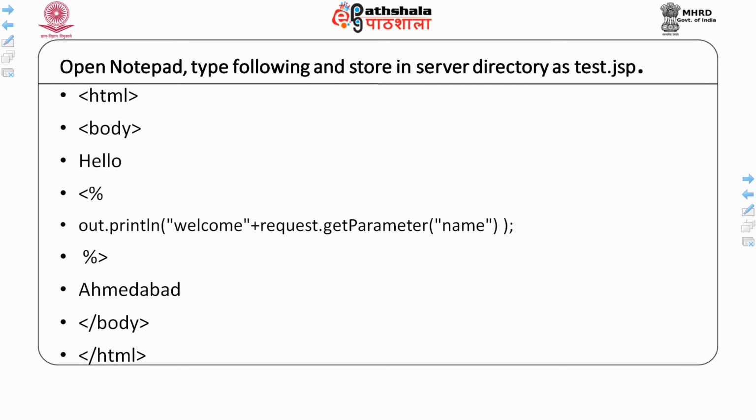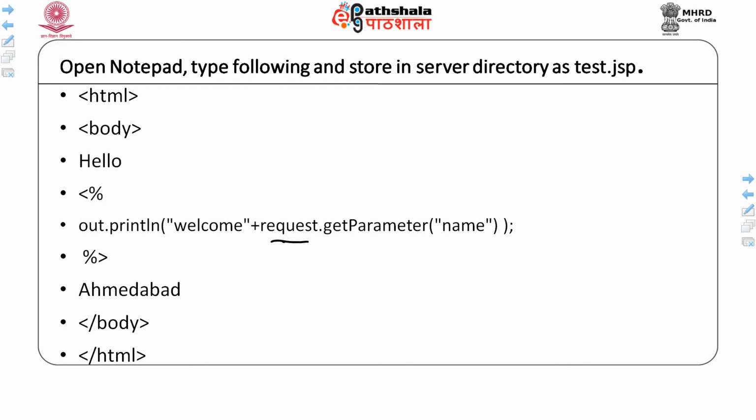Now, just to give you an idea, open a notepad and try to type this and save it as a JSP file. Even though you are not familiar with what a JSP is, it is a very simple thing. You can type it out: HTML, body, hello, and within this you have to write scripting tags, which actually get executed. out.println is nothing but you are asking to print a message, that is welcome, request.getParameter.